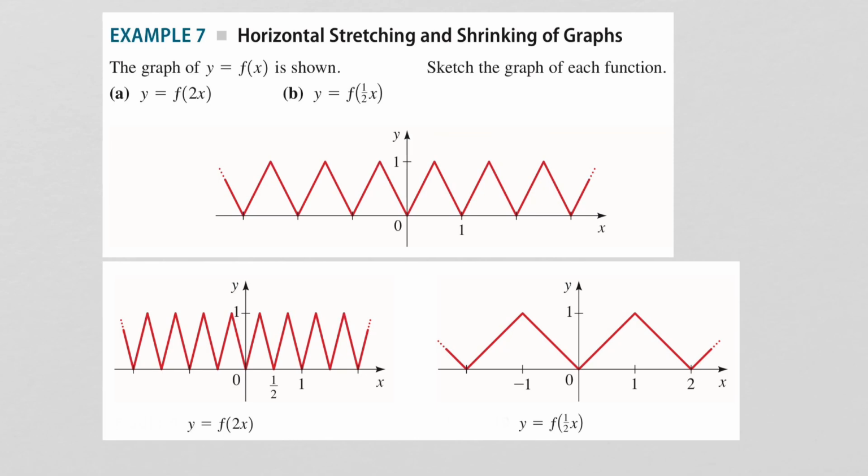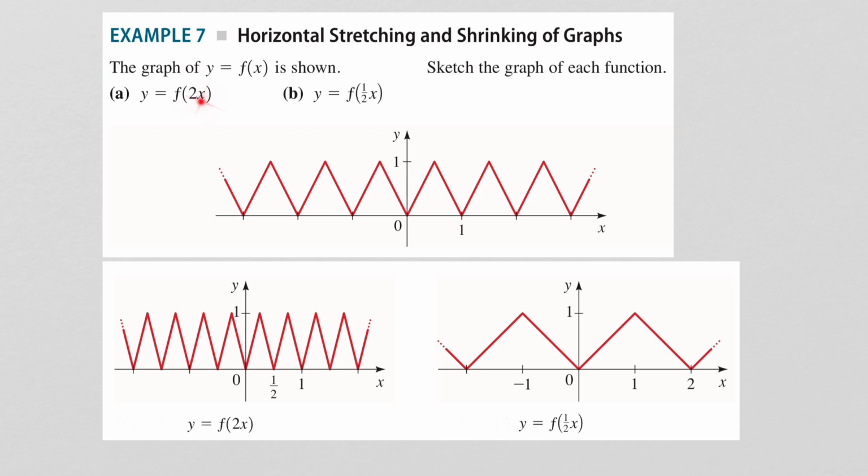Suppose we have some function, which is often called a sawtooth function, that you see right here. And you can see that each tooth of this saw is 1 unit tall, and it lasts for a distance of 1 unit. So what would happen to this graph if we did f of 2x?